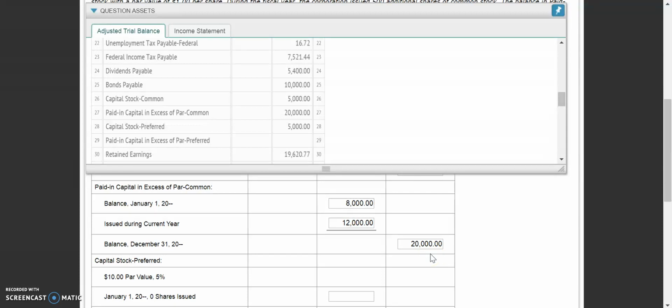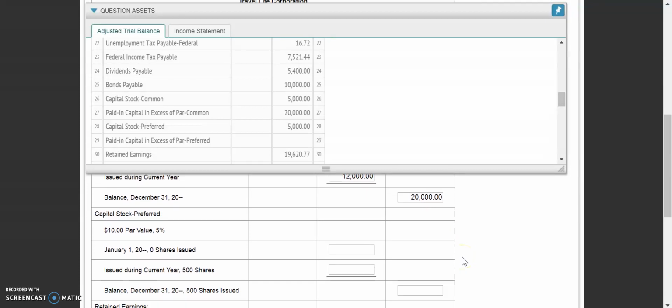Next up is our preferred stock. It says that our capital stock preferred is $10 par value at 5%. Remember, they're guaranteed that 5% rate of a dividend. On January 1st, 20XX, we had no shares issued, so this would be one of those circumstances where we would just type 0 in.